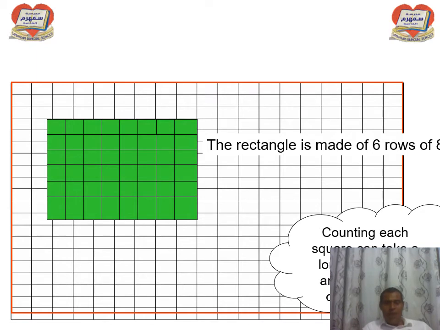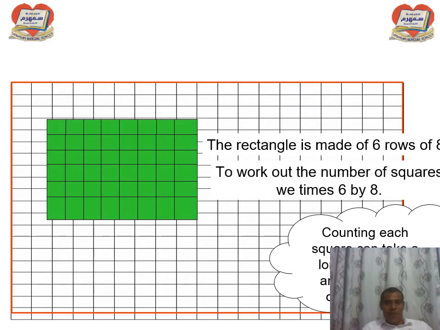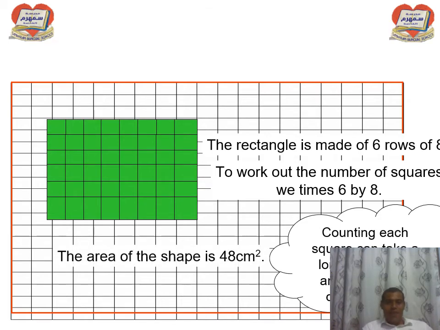And how many columns? 1, 2, 3, 4, 5, 6, 7, and 8. So the area here, my learners, you will just multiply 8 by 6. The answer is 48. This is 8 centimeter, the length, and the width is 6. So the area of the shape is 8 multiplied by 6 gives 48.